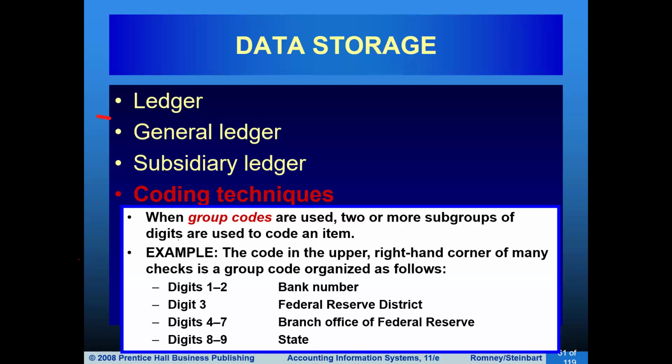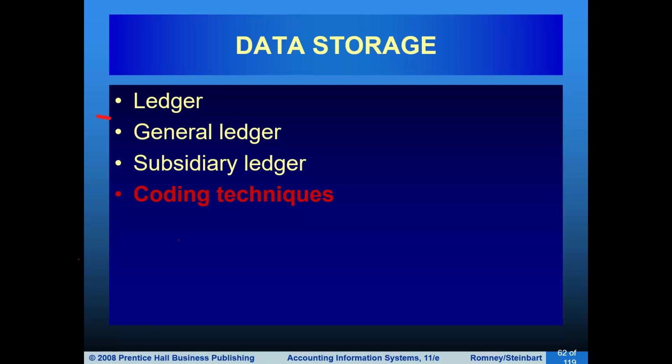The code in the upper right hand corner of many checks is a group code organized as: first 2 digits Bank of Ceylon, and 3 digits Federal, 4 to 7 branch office. Everything you can say is the coding part.